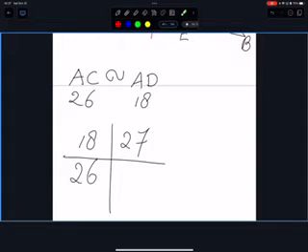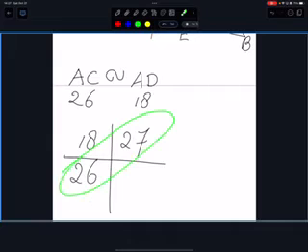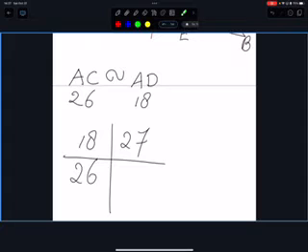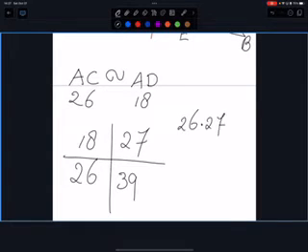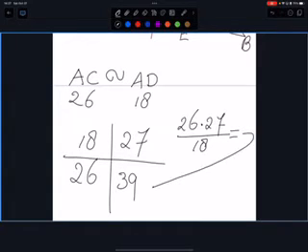So, cross product, 26 times 27 divided by 18, and you get your answer. And the length should be 39.